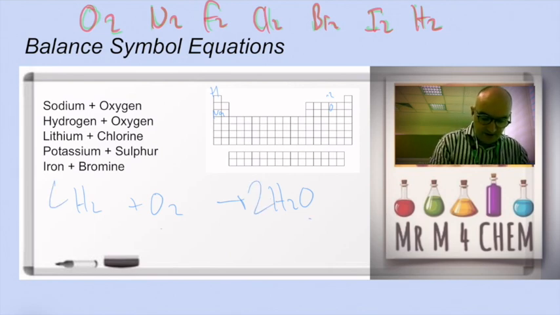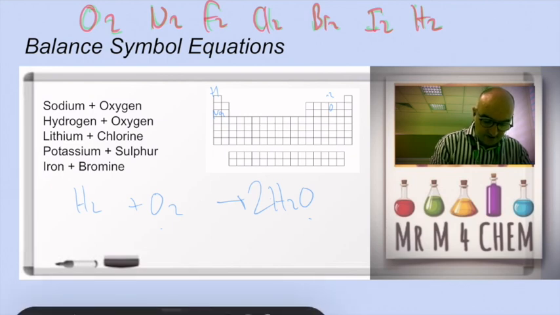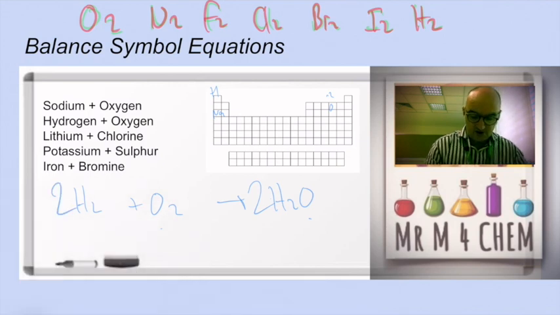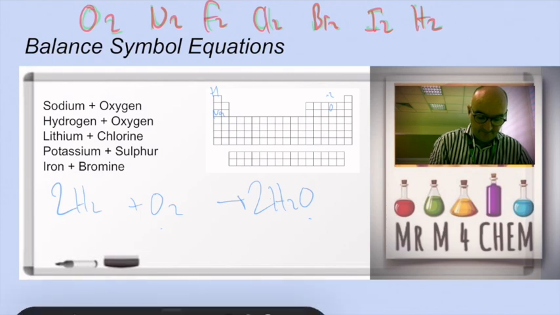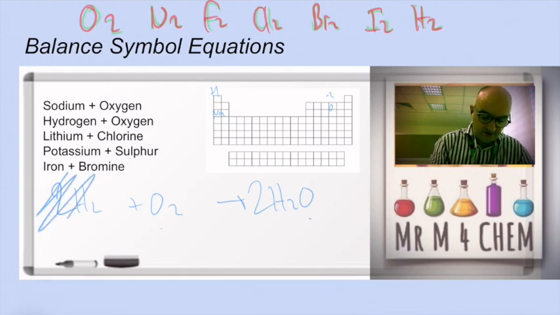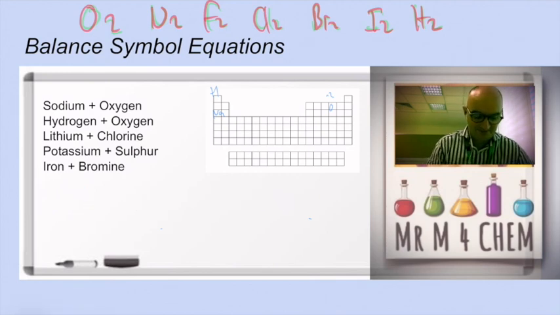Now we need 2 hydrogen. 2 times 2 is 4 reactants. 2 times 2 is 4 products. 2 oxygens, 4 hydrogens each side. Everybody's happy. Well, your chemistry teacher is happy, as is your examiner, which is very important, right?